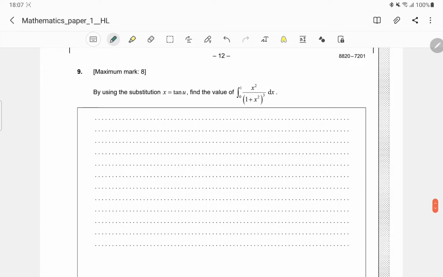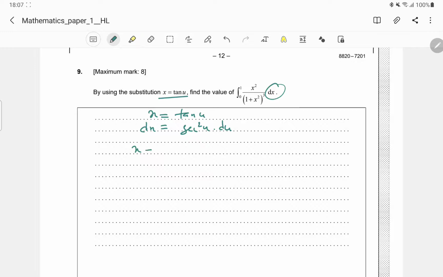Now in question number 9, by using the substitution x equals tan u, find the value of this integration. So we need to substitute x as tan u, and we need to substitute dx also. So I'll find dx by differentiating both sides. dx will be sec square u du. And we need to change the limit.